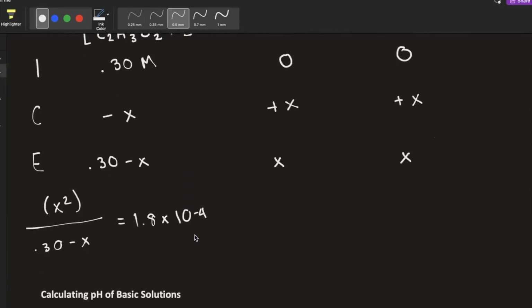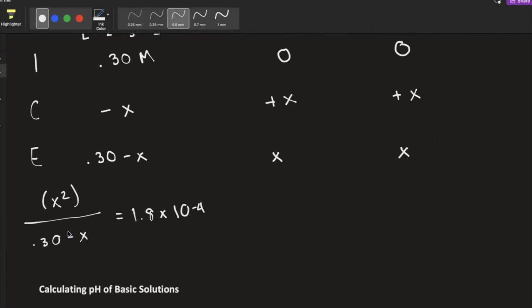Okay. Now, just like above, we're going to exclude this x to avoid doing quadratics. And we're going to multiply 1.8 times 10 to the negative 4th by 0.3. That gives us 5.4 times 10 to the negative fifth equal to x squared.